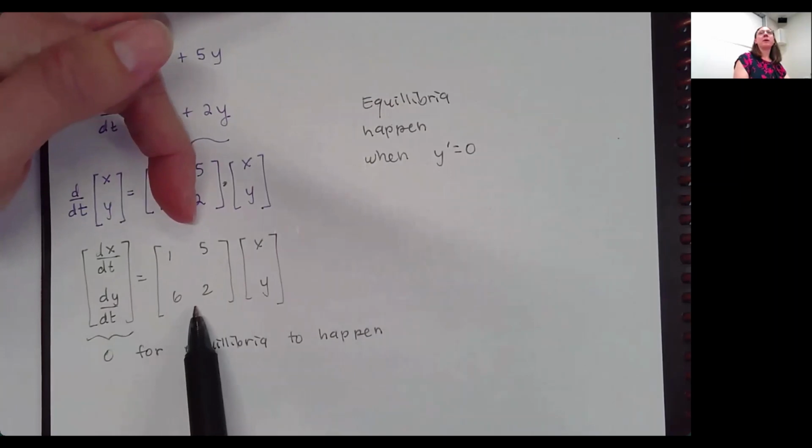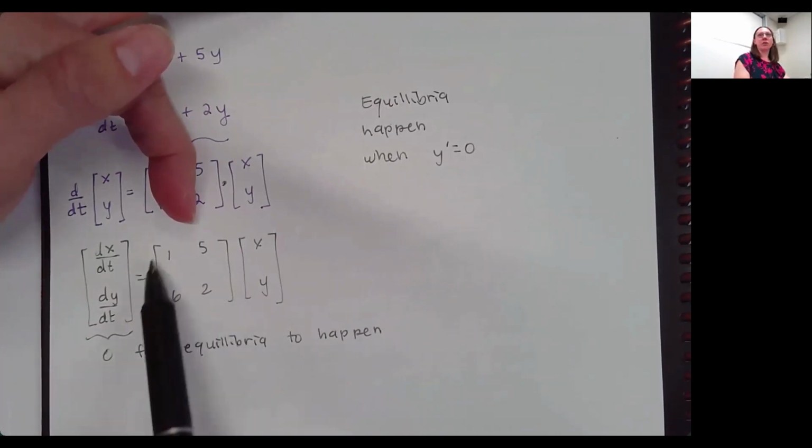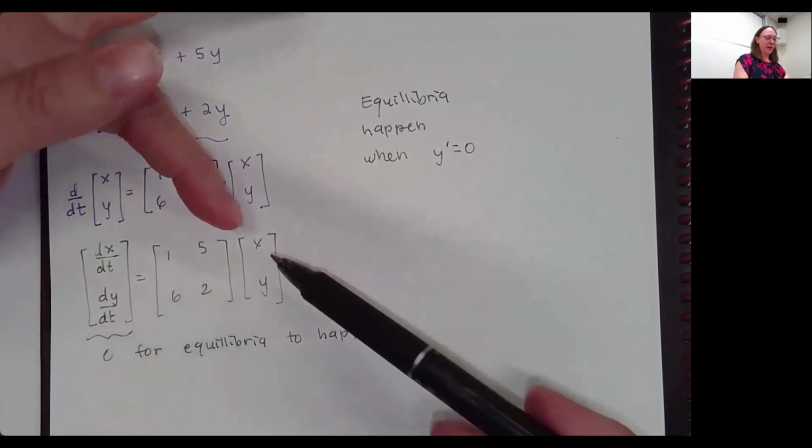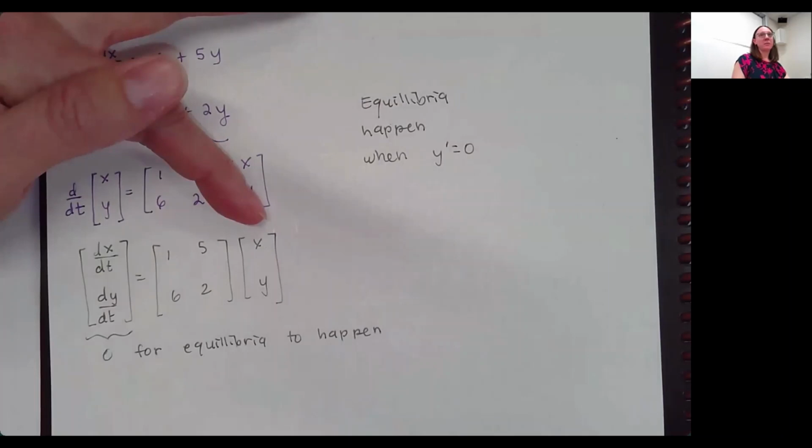What's the determinant of my matrix? Is it 0? Which means this is invertible. And if it's invertible, then my only solution is that X and Y are 0. But why? Because we want that to be 0.